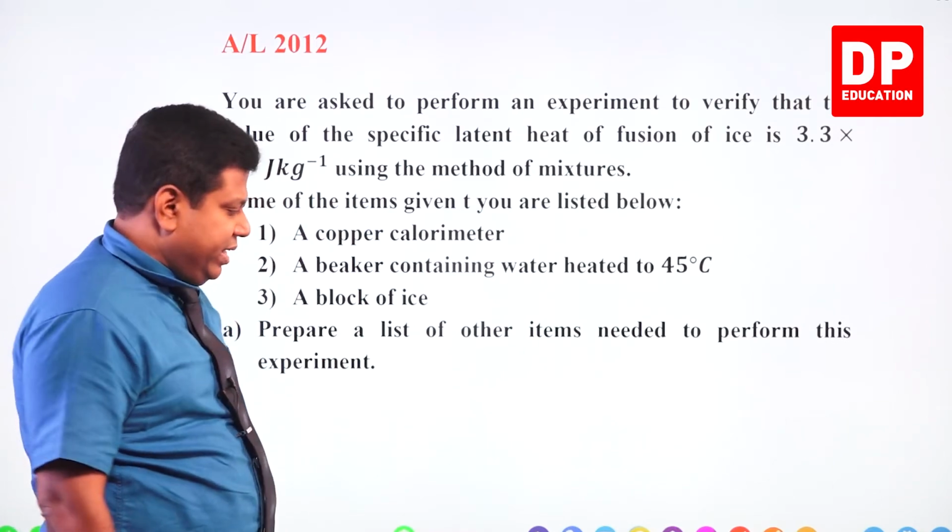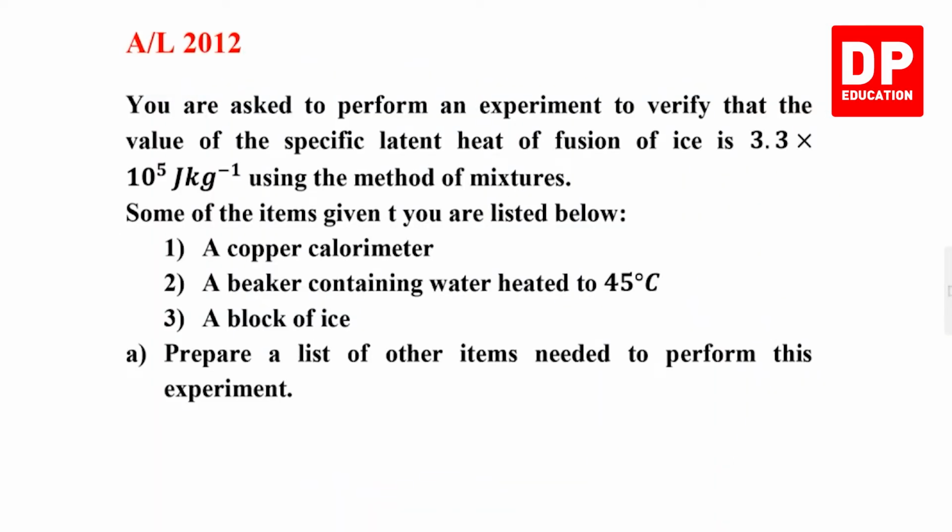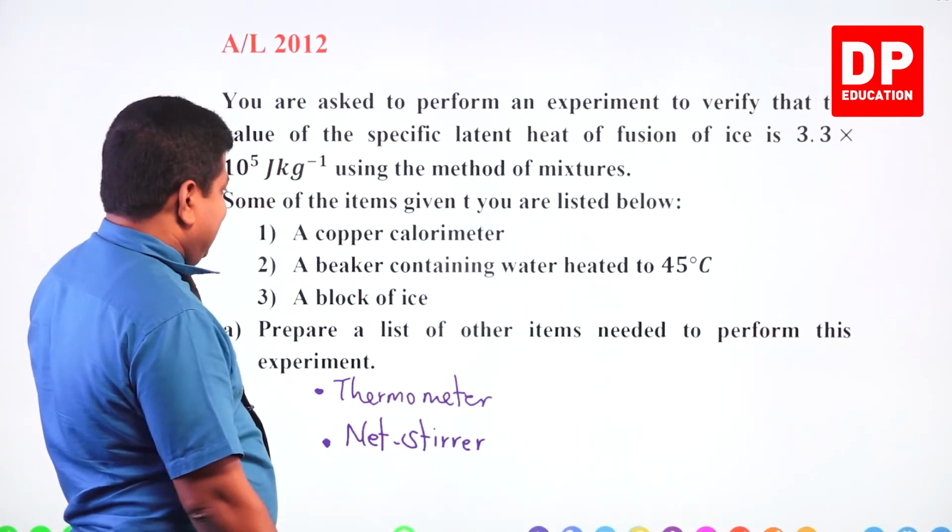What are the other items we need? We need a thermometer. We need a stirrer, ideally net stirrer, a mesh stirrer or net stirrer, however. What else do we need? We need a weighing scale, yeah?